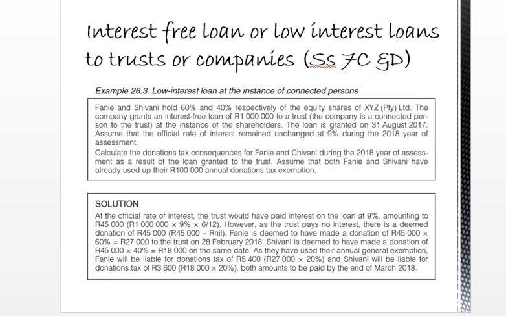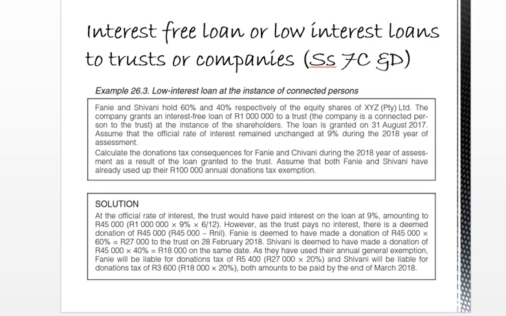Because Fani has a 60% interest in company XYZ, Fani's donation tax liability will be 45,000 times 60%, which is 27,000 rand. And Shivani with a 40% interest would then be 18,000 rand.